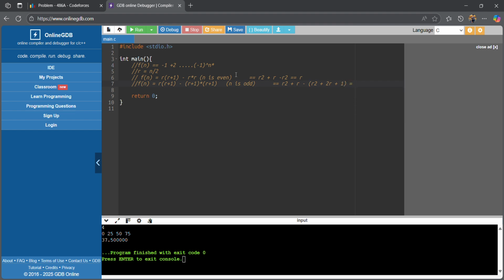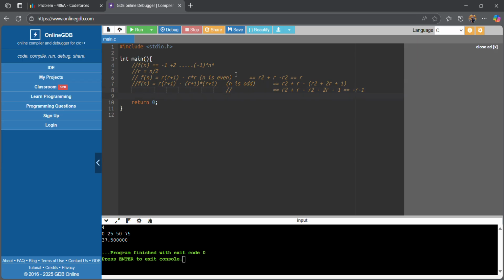So this would again simplify to R2 plus R minus R2 minus 2R minus 1. So R2 cancels out, 1 times R cancels out, so this is minus R minus 1. Okay, so this is our function.